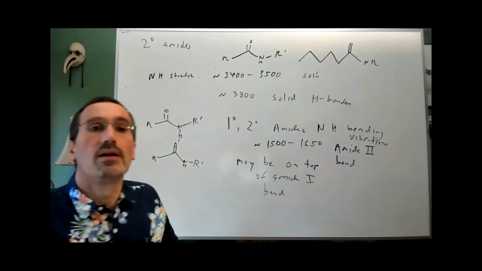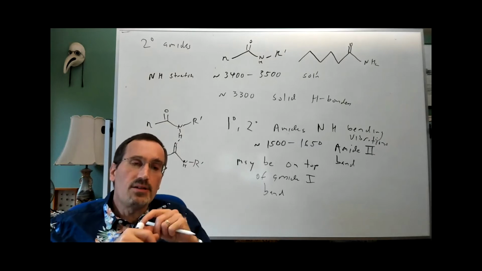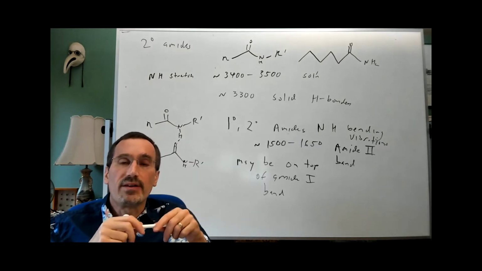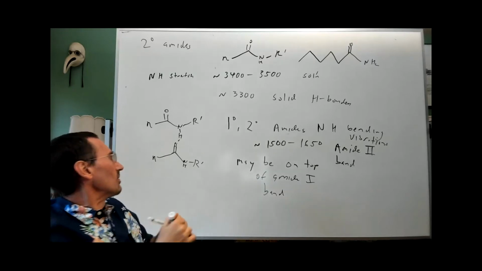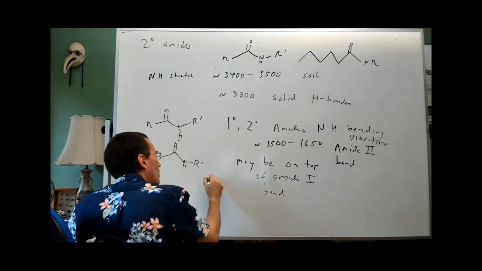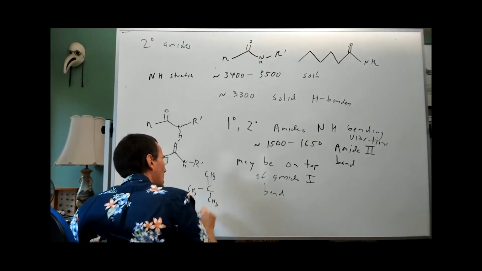What do people think? Does that match the problem as given? Gotta have a tert-butyl, right? Yes, tert-butyl. So a tert-butyl group is of course CH3, CH3, CH3 on a carbon.